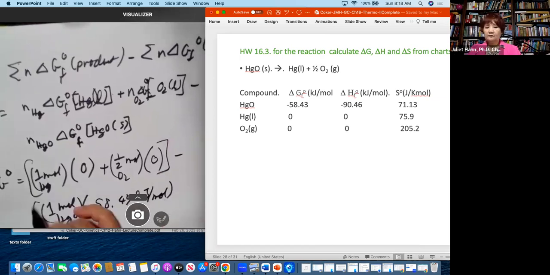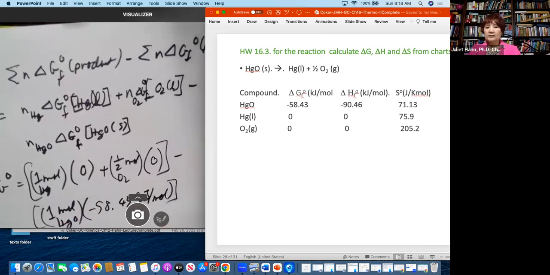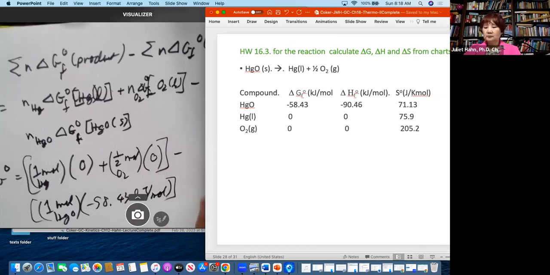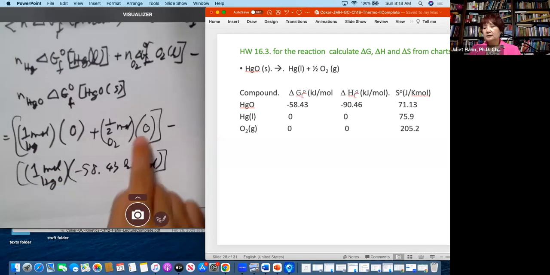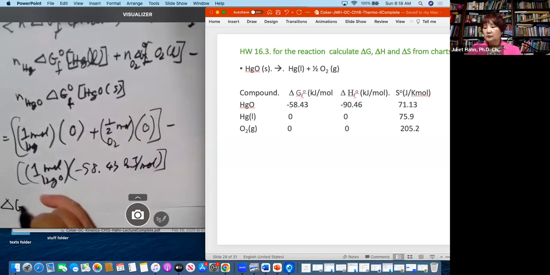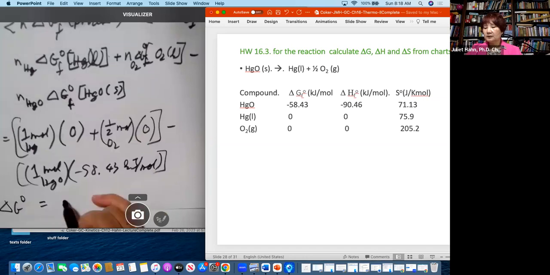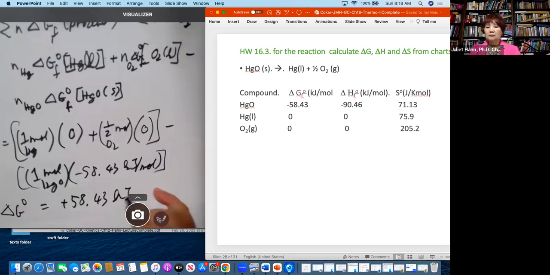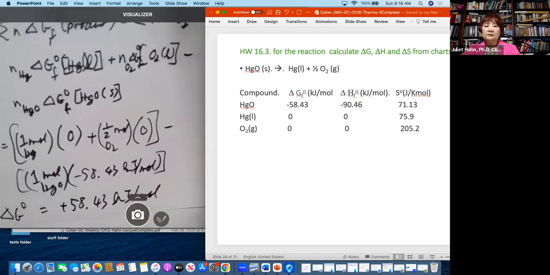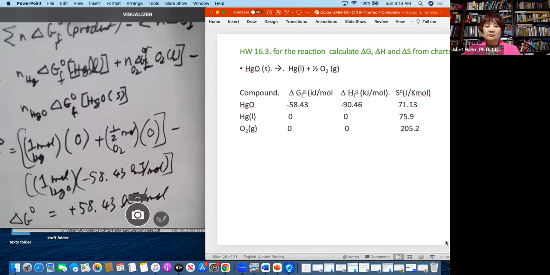That's all we have for our reactant, so you can just write it in one line. Then 0 plus 0 is 0, so this entire thing becomes delta G equal to plus 58.43 kilojoules per mole.